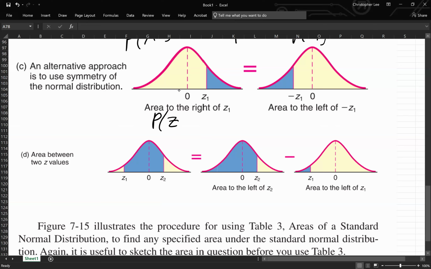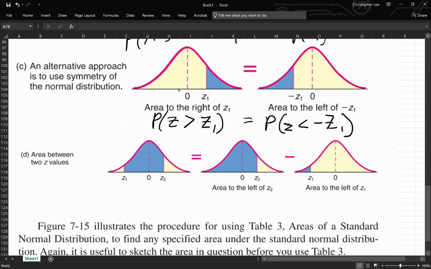What I'm telling you is if you look on the other chart, it's equal to the probability of Z less than negative Z1. Why is that? Because the graph is symmetric. What goes on the right-hand side goes on the left-hand side. The answers will be equal.